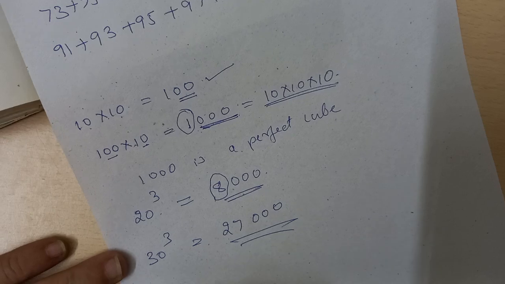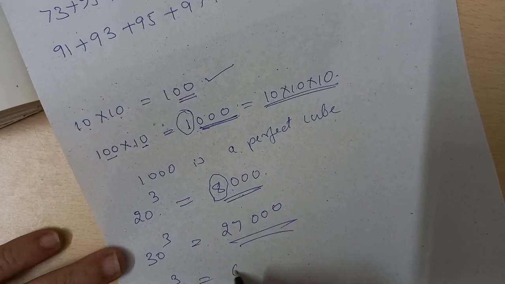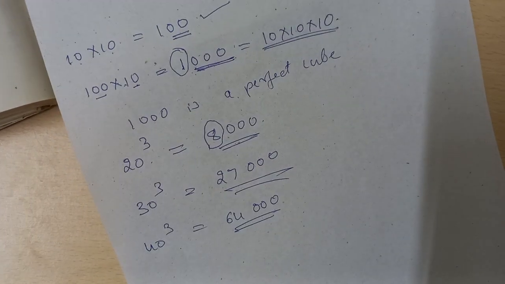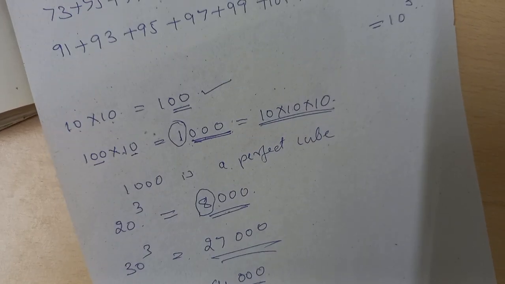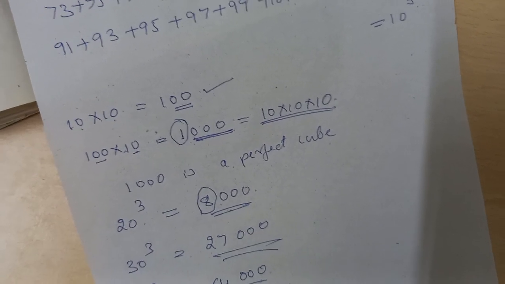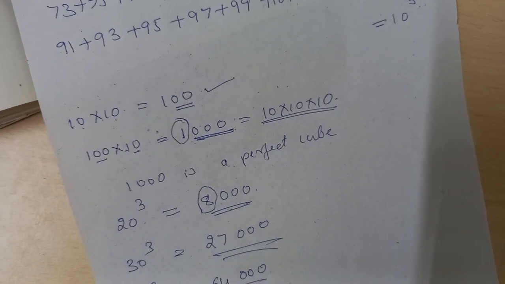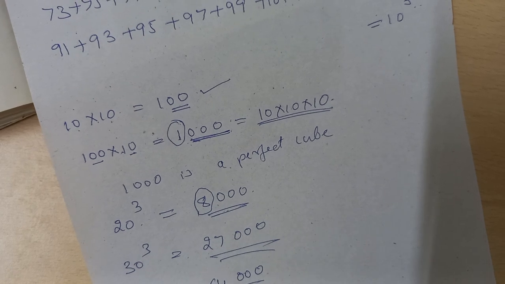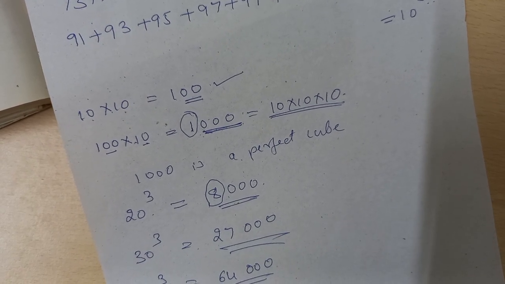Similarly, the cube of 40. 4 fours are 16, 16 fours are 64. This is the cube of 40. Similarly, you can write the cubes of numbers ending with 0. The cubes of numbers ending with 0 have 3 zeros in front of the cube of that number. Please remember all these facts.